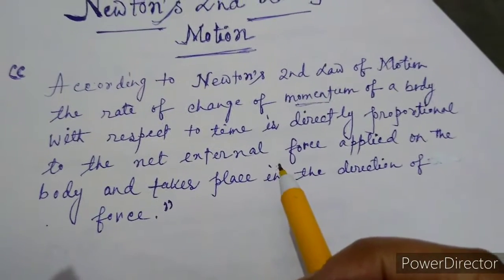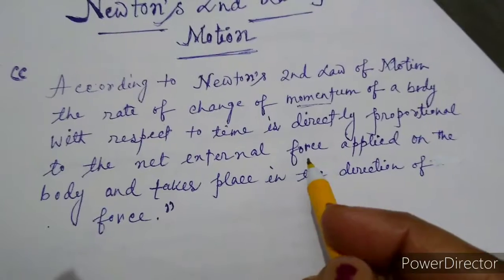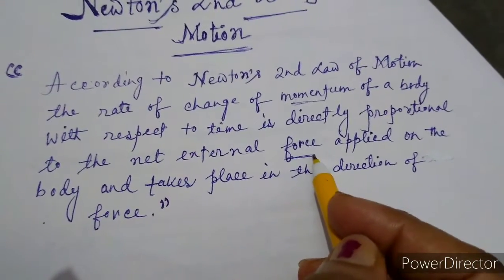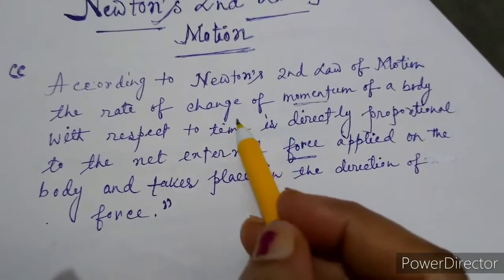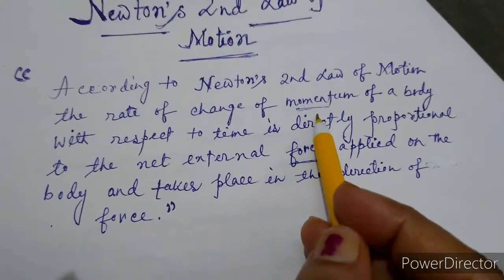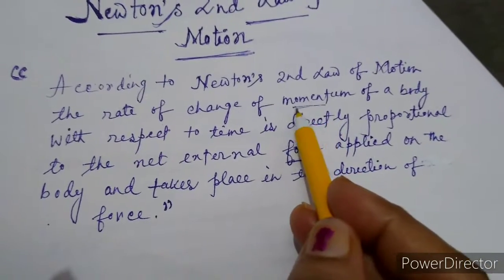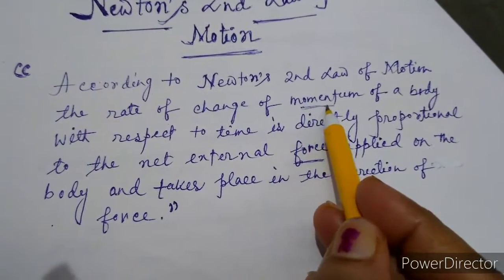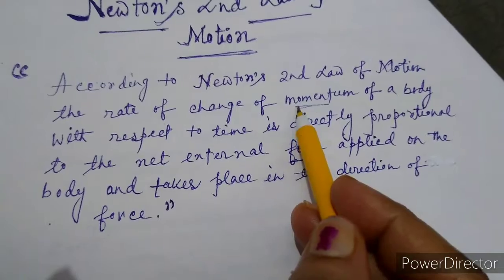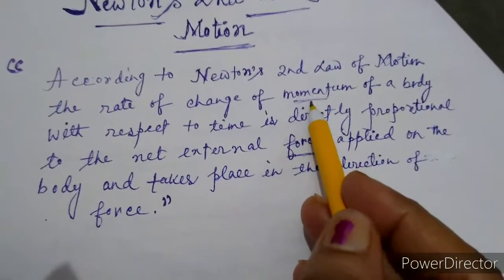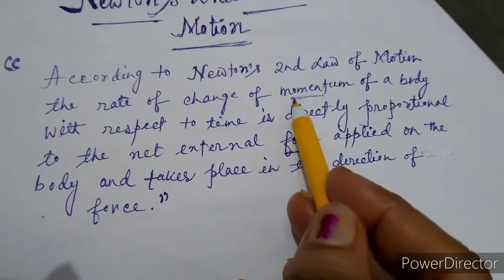So we can write that force F is proportional to the momentum. It is said that it is the rate of change of momentum. In physics, whenever we are finding the rate of anything, that means we have to divide it by t, with respect to t.